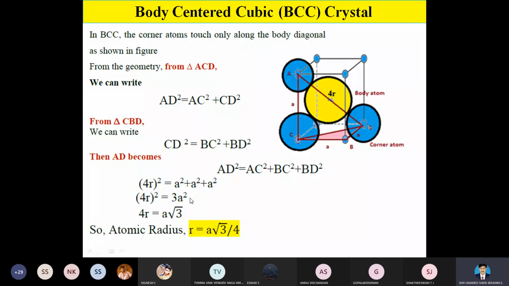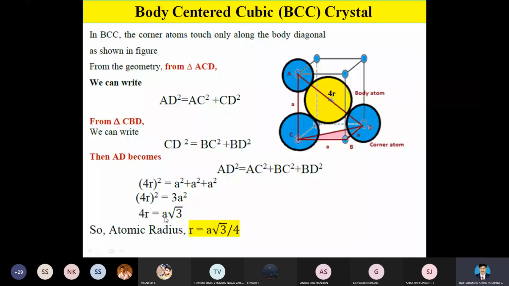Our ultimate aim is to find the atomic radius, which is R. So we remove the square on both sides. When we remove the square on both sides, the left side becomes 4R, and A square becomes A, and the 3 becomes root 3.